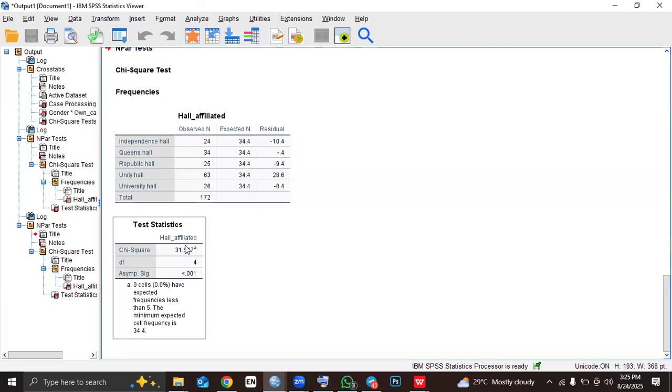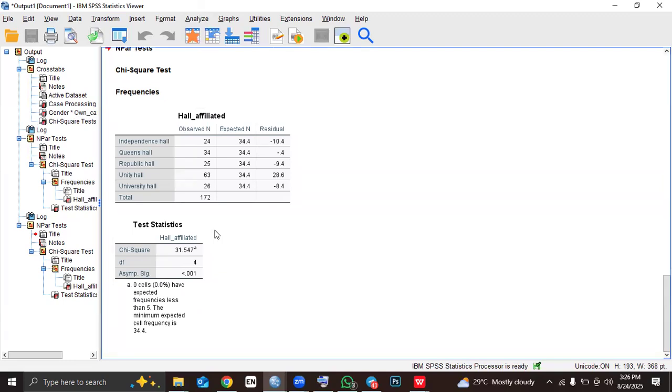Now let's come to our second table, which is the test statistics. In our second table, it's giving us the chi-square value, the degree of freedom, and then the p-value. Now, the chi-square value here is agreeing with the p-value, which is saying that it is less than what? 0.01, meaning that our chi-square value is what?